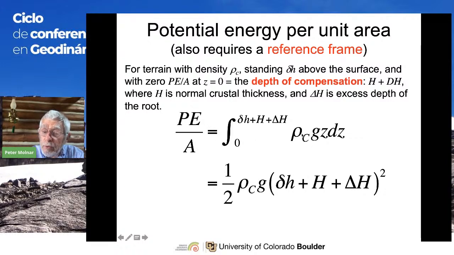We integrate the density of crust times gravity times depth over depth from the bottom, the depth of compensation, to the top, which is through crust of this thickness, H plus ΔH, and you get this same formula that you've seen, quantity squared.